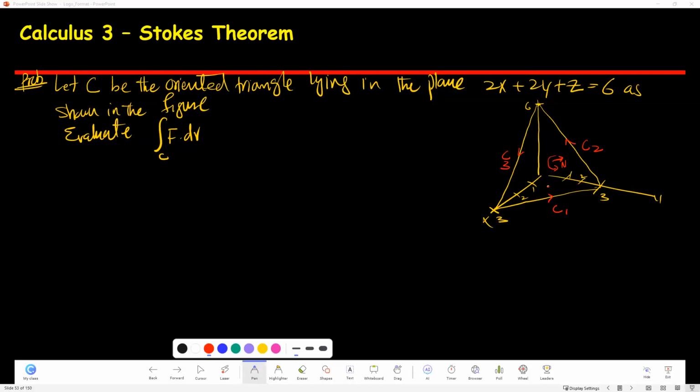Everything goes into this. The surface equation is given, right? First thing first, x plus y equals to 3 is given in the problem. So that's a line equation. S is given, the surface is given, 2x plus 2y plus z equals to 6.